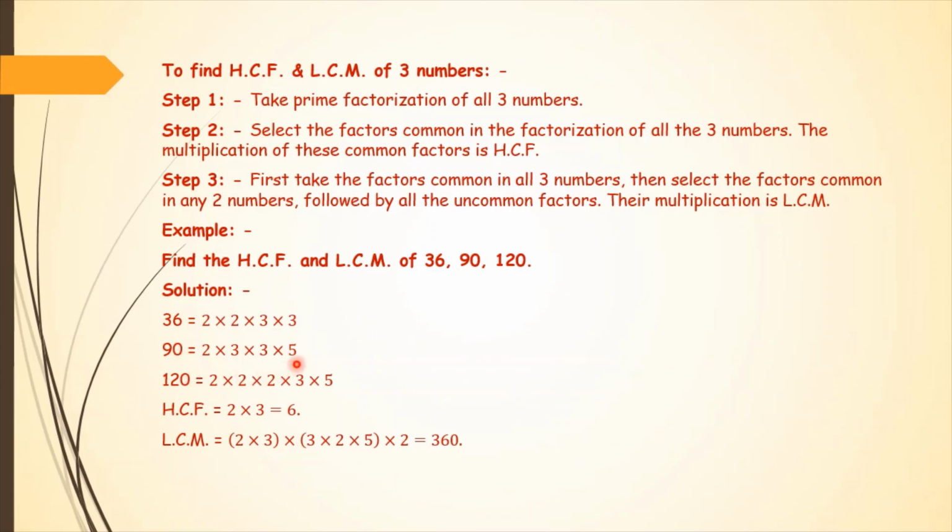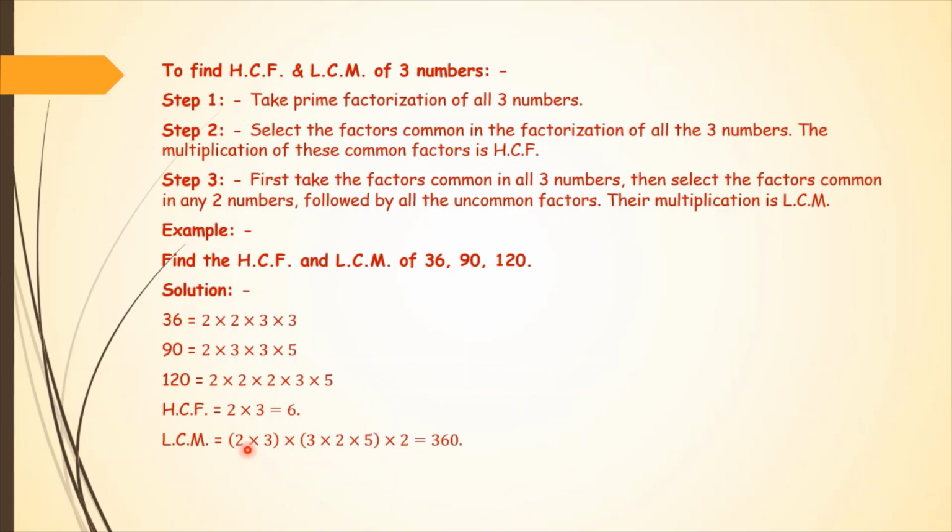Here you can find 5 and 5, which is common in these two numbers which I have mentioned here. So this second bracket will give me the list of all factors which are common in any two numbers. And now the last uncommon factor which is present in 120, that is this 2, which I have mentioned here.